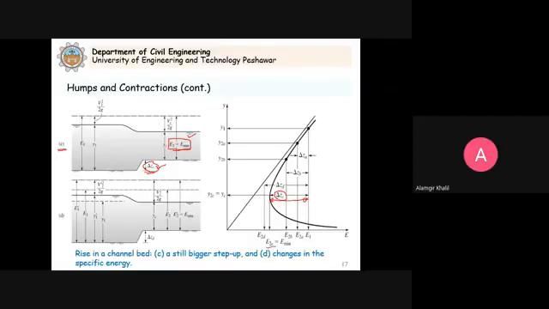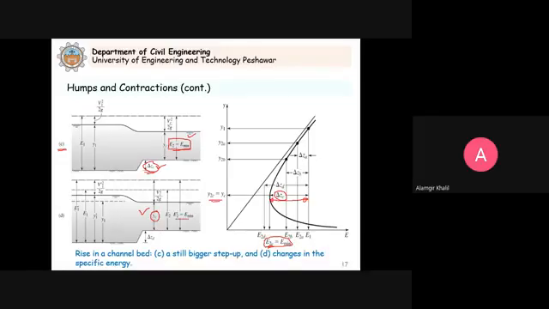So in the C case, we have reduced the specific energy to the minimum. We are coming here. So you see that the critical depth is established over this step.